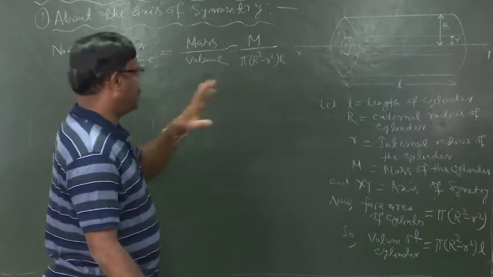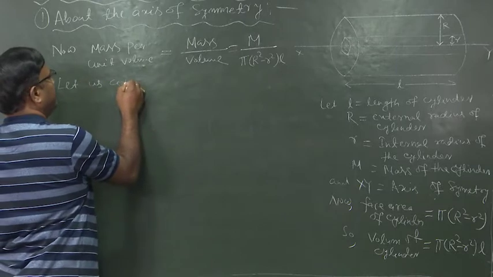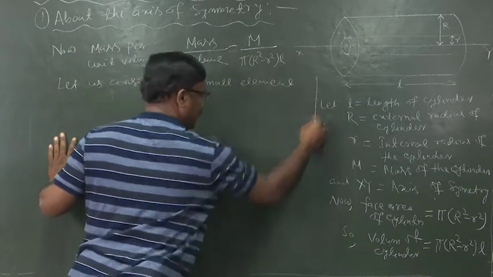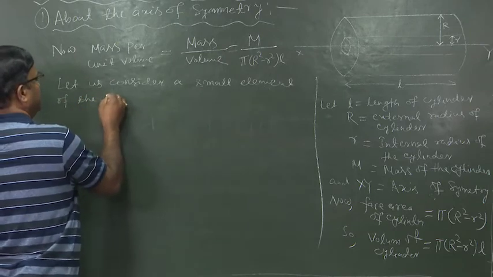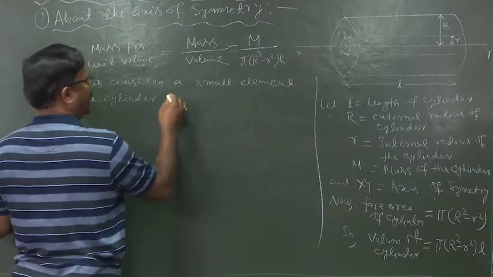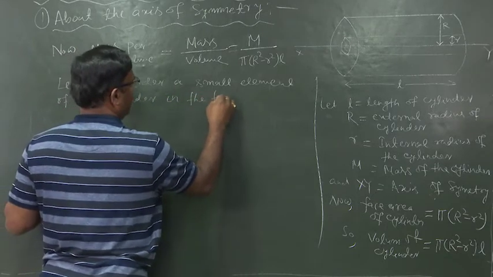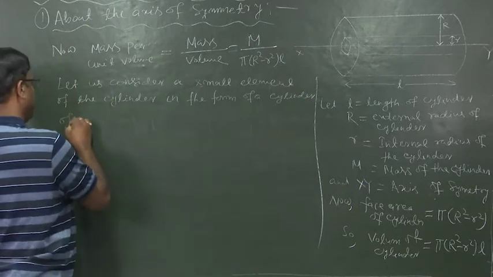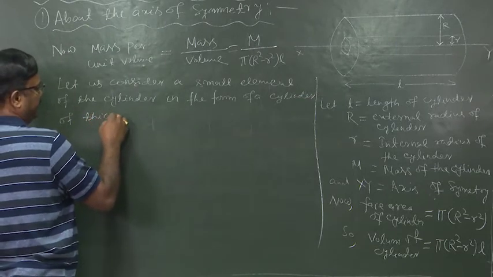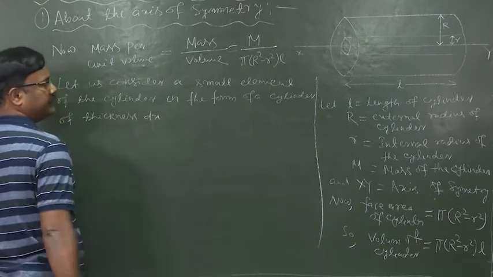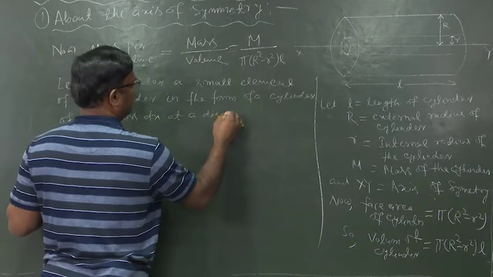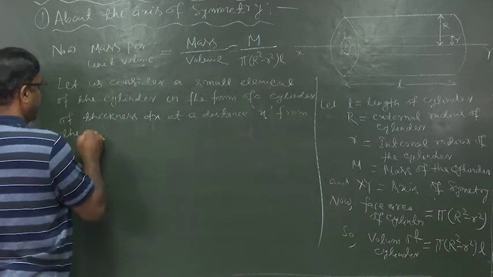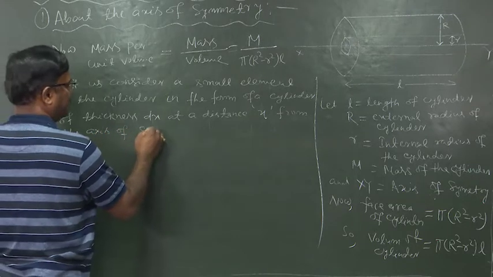So, let us consider a small element of the cylinder in the form of a cylinder of thickness dx at a distance x from the axis of symmetry.